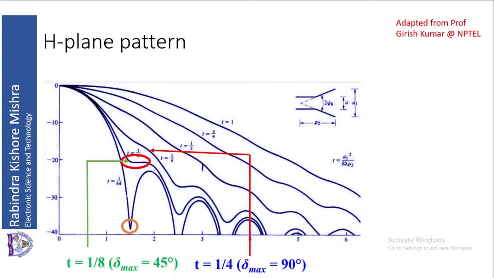If you look at this pattern, the directivity or the efficiency of the antenna, or the gain of the antenna, will be highest for the pattern at the bottom, because the angular separation, you can see, the beam width is smaller. There is a sharp dip, which means a well-defined null is there in the bottom part.